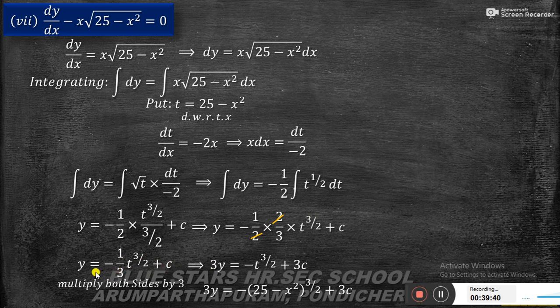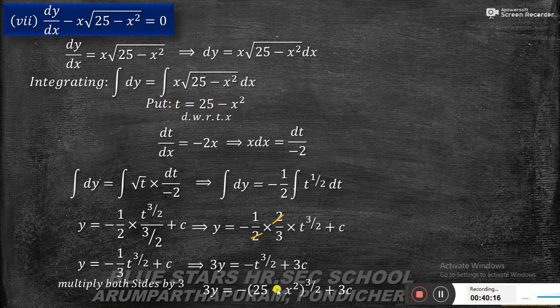Therefore I do the cross multiplication. That means 3y equal to minus t power 3 by 2 plus 3c. Multiplying both sides by 3, we get the equation 3y equal to minus t power 3 by 2 plus 3c, where t equal to 25 minus x square.